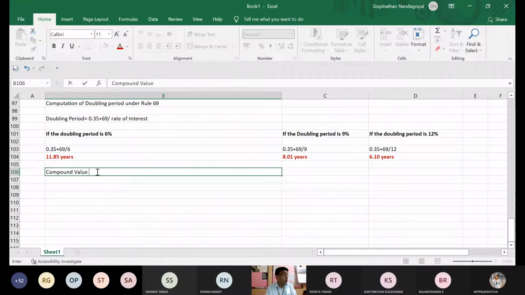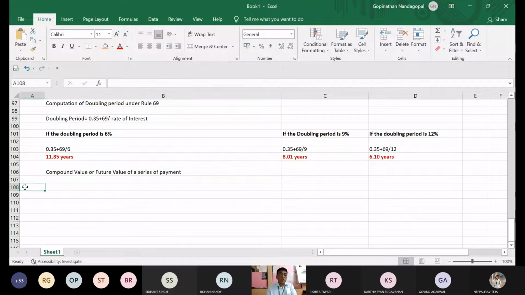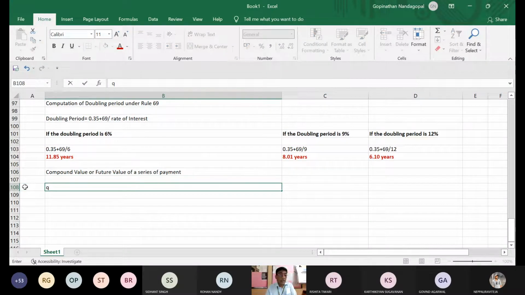You have to follow what I'm saying in the class. One minute, I'm just writing the heading. So we go for question number 11.